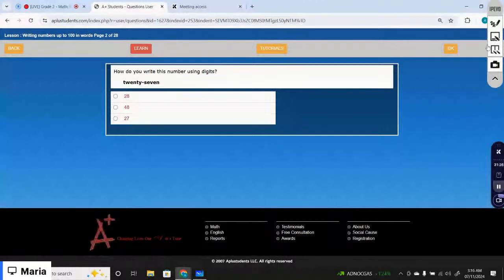Very good. The correct option is 27, right? You can write it as 2 and 7.